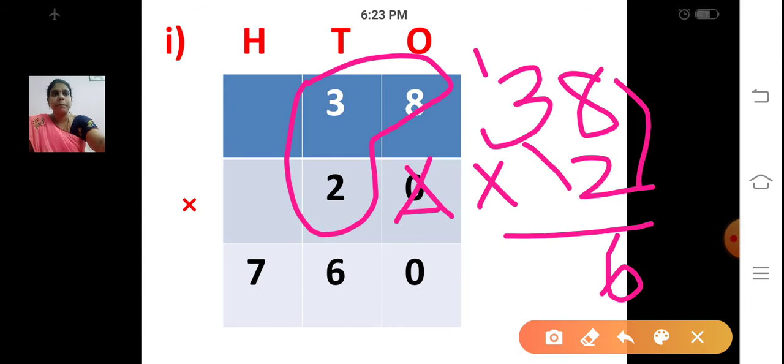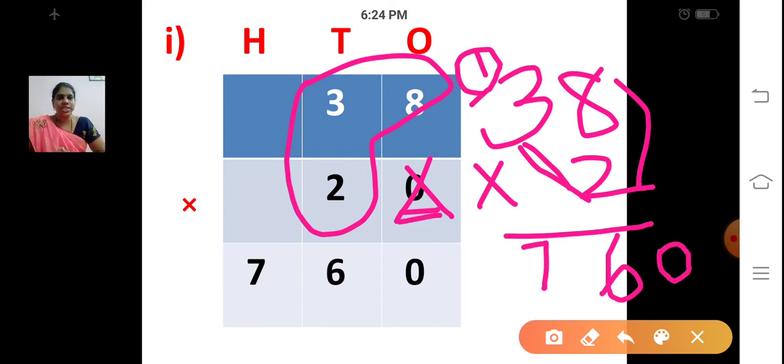Then 3 2s are 6. 6 plus 1, 7. Don't forget to add the carried over part 1. So first multiply 3 2s are 6, then add the carried over part. 6 plus 1, 7. So the answer is 76. Now how many zeros are in the question? Only 1 zero. So that 0 you write to the right of this answer. So the answer is 760. When you multiply 38 into 20, the answer is 760.